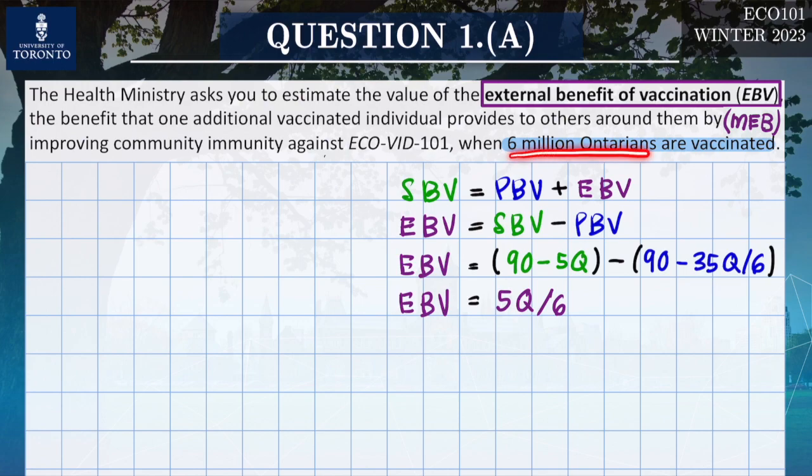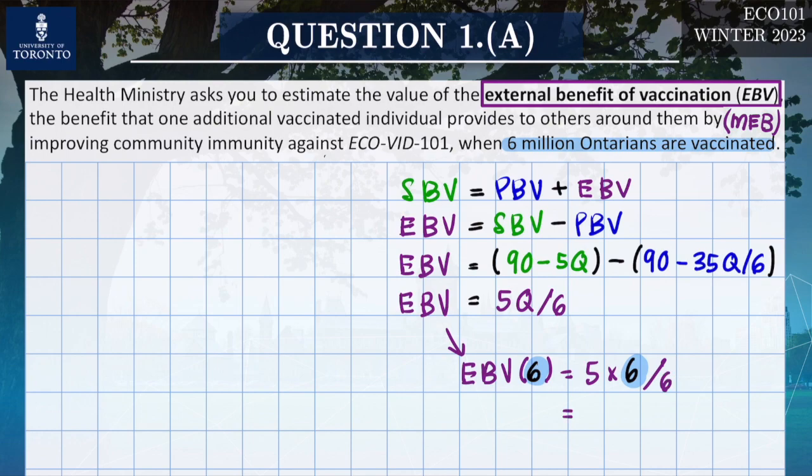We just need to find the value of the external benefit of vaccination when quantity is equal to 6 million people. So we just need to substitute this value inside the external benefit function that we already built. 5 times 6 million people having received the vaccine divided by 6.